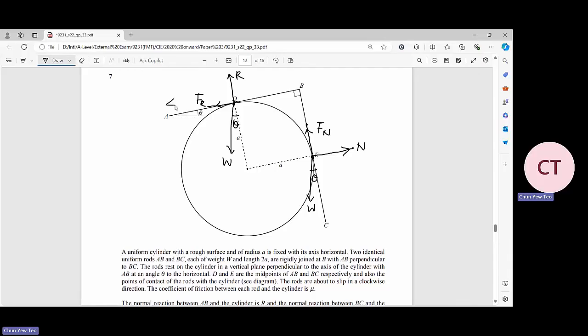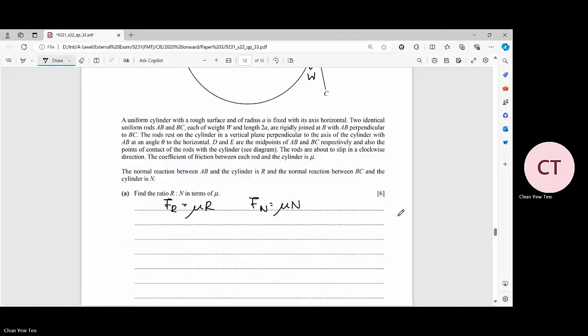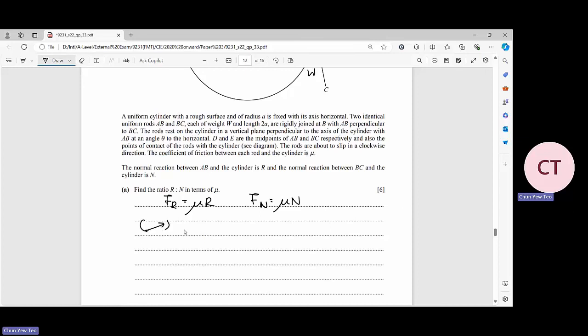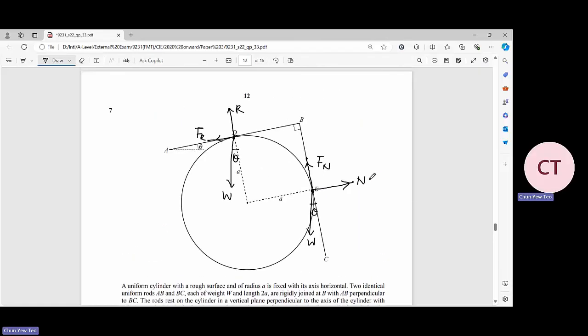If you resolve forces parallel to AB, you will involve these two; this one is not involved.